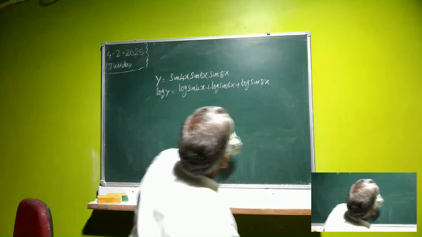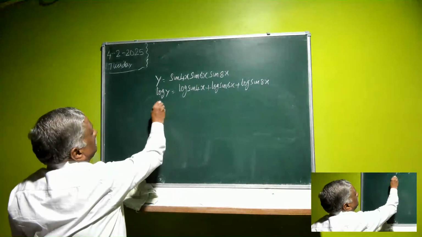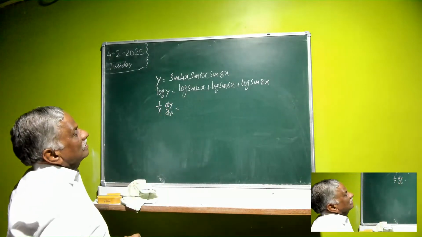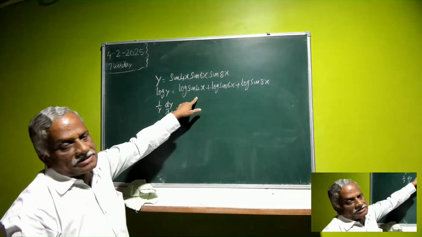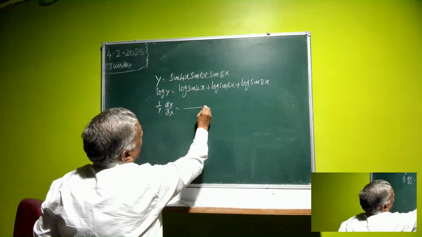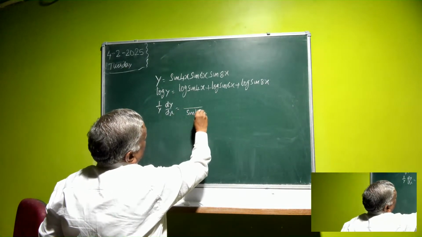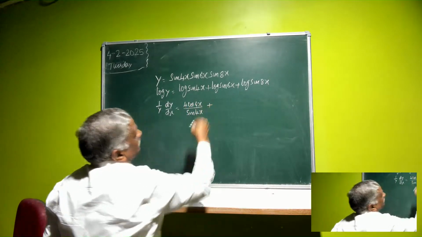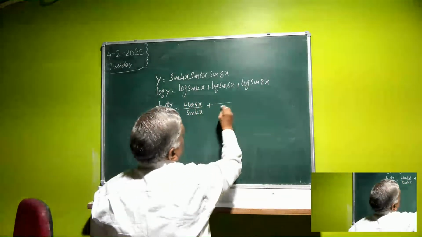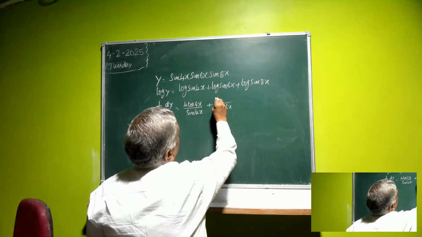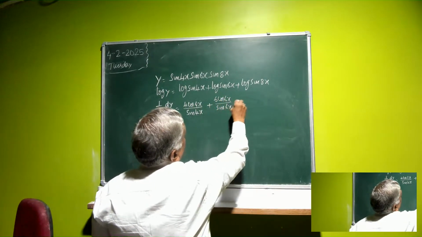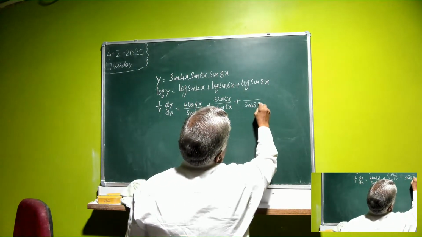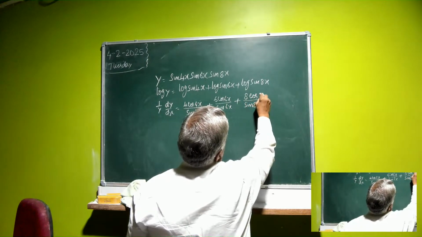Now, what next? Differentiate this, 1 by y dy by dx. Log sin x is 1 over sin x, so 1 over sin 4x, and derivative of sin 4x is 4 cos 4x, plus 1 over sin 6x, and this is 6 cos 6x, plus 1 over sin 8x, this is 8 cos 8x.